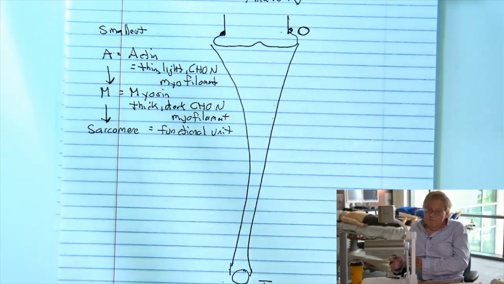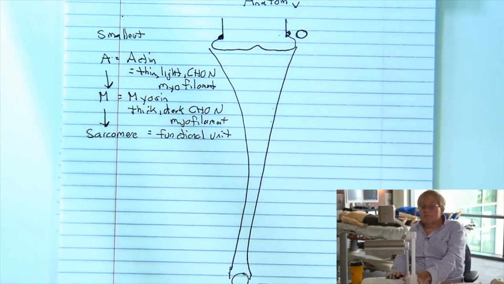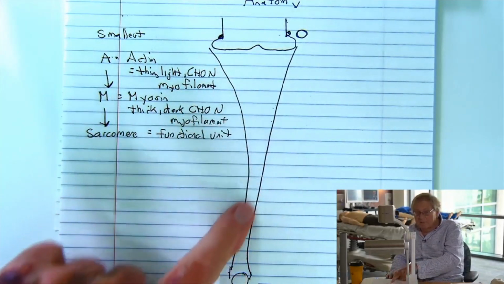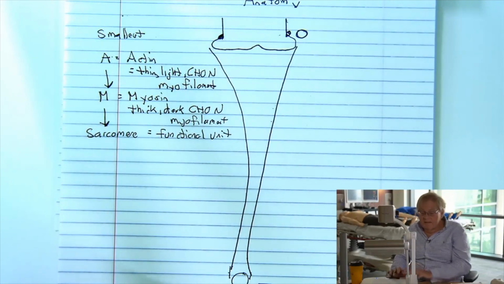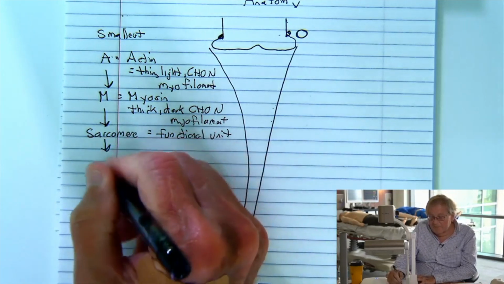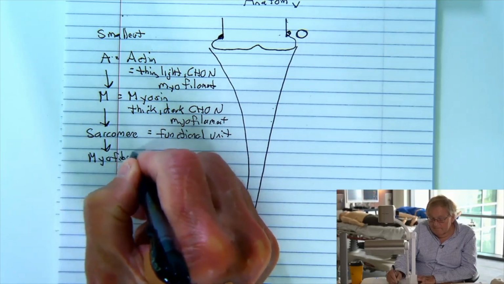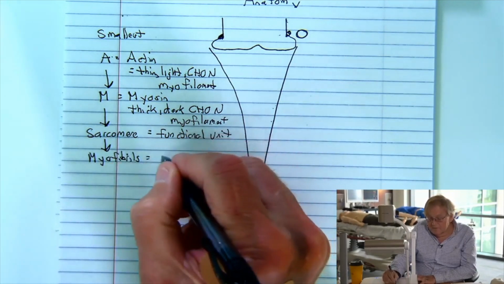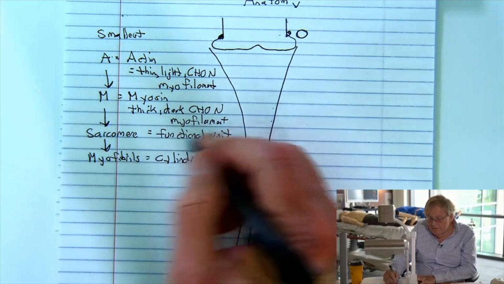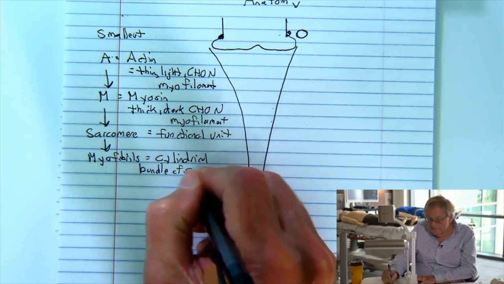So I'm shifting over to start out with microscopic and work my way up to macroscopic, so you can understand what I'm trying to draw here. Then I'm going to take a bunch of sarcomeres and I'm going to have a thing called myofibrils. That's going to be a cylindrical bunch or bundle of sarcomeres.